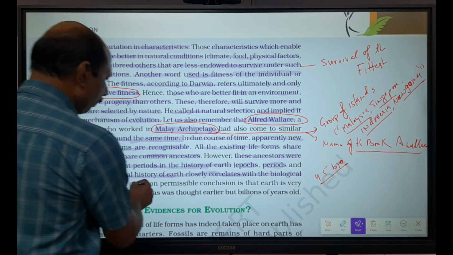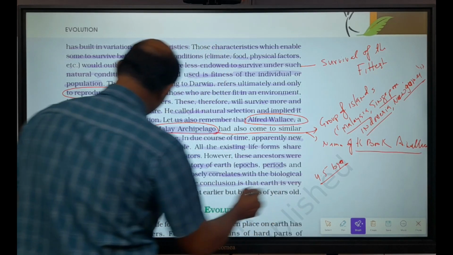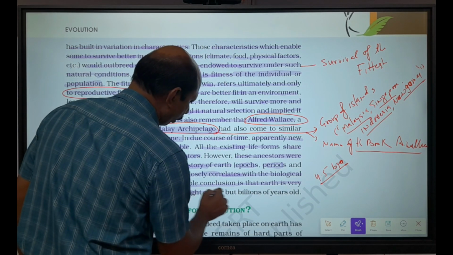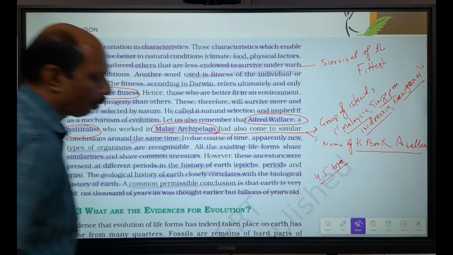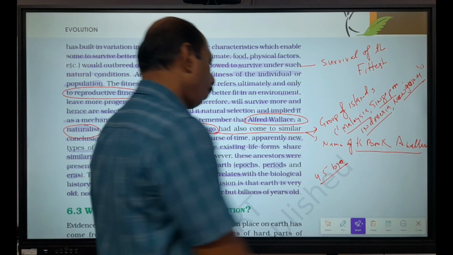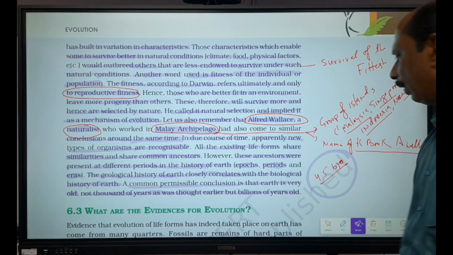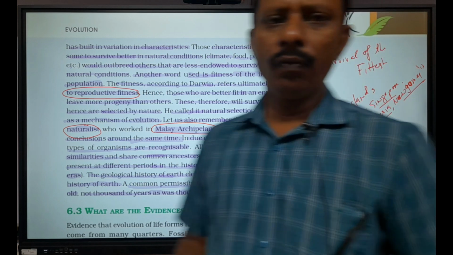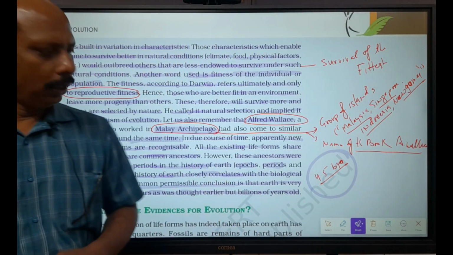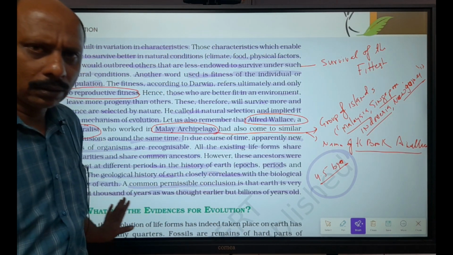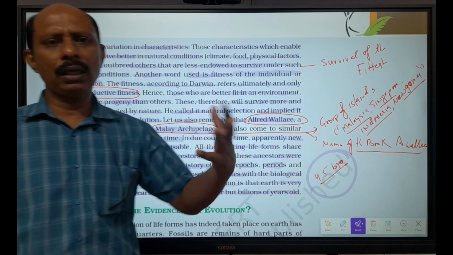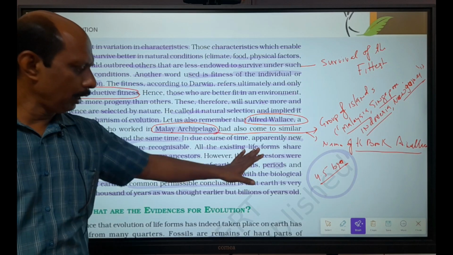A common permissible conclusion is that Earth is very old, not thousands of years as was thought earlier, but 4.5 billion years old. This is divided into 6 eras, the eras into periods, and the periods into epochs.